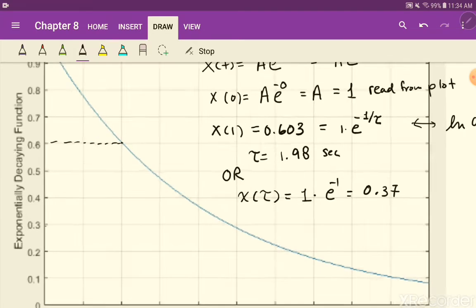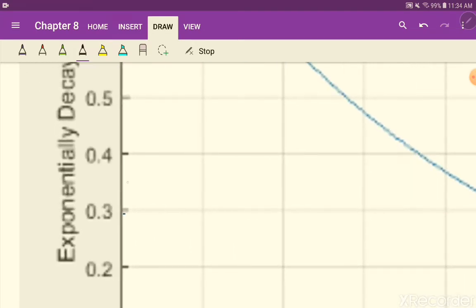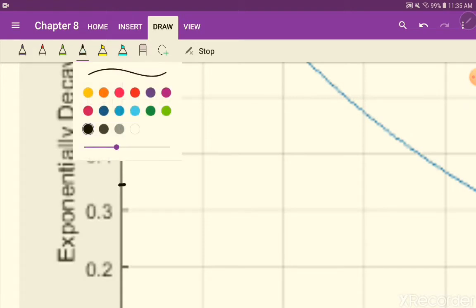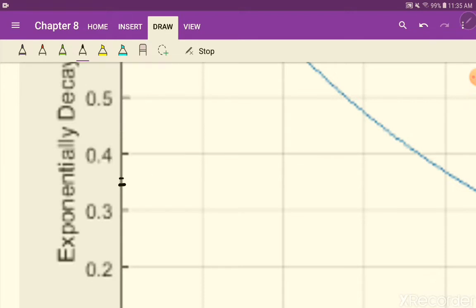So 37% of the response will be about, let's see, 0.37.